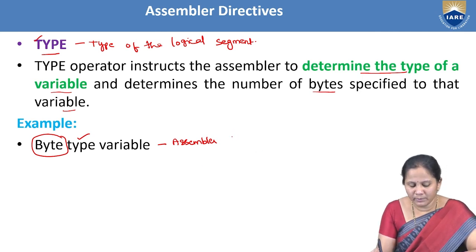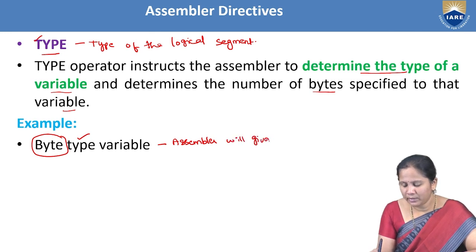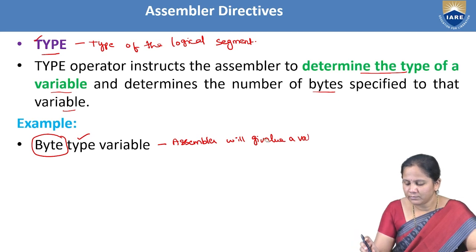So byte type variable means the assembler will give a value 1.